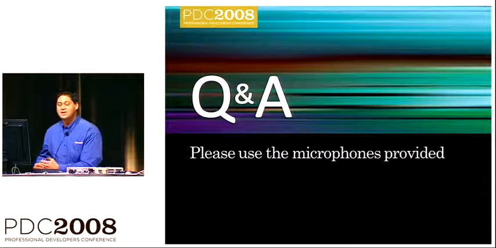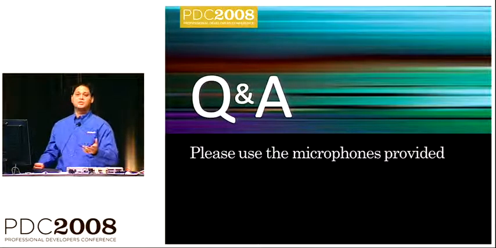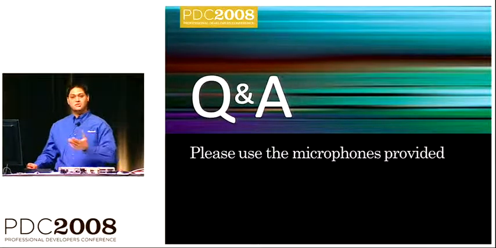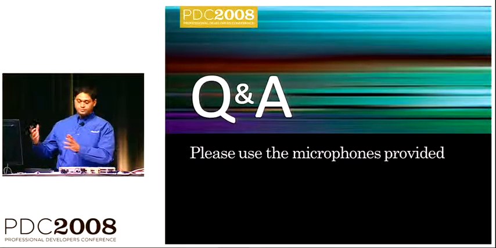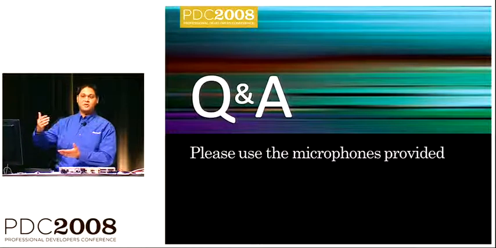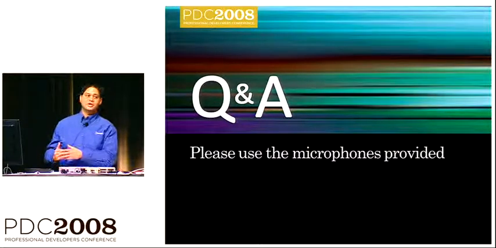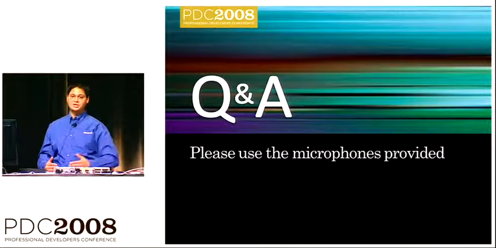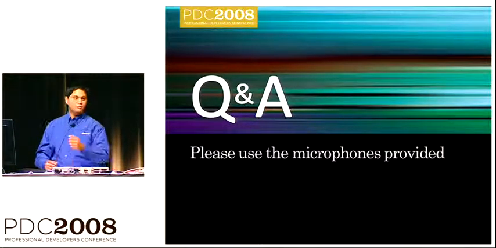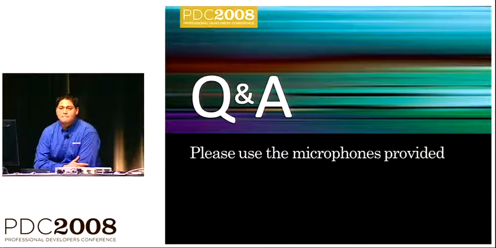Yes, thank you for that. And one of the other points when I was talking about clustering is that I was talking specifically about the Hyper-V WMI APIs. Clustering has its own WMI APIs through which you can achieve what that person was asking.